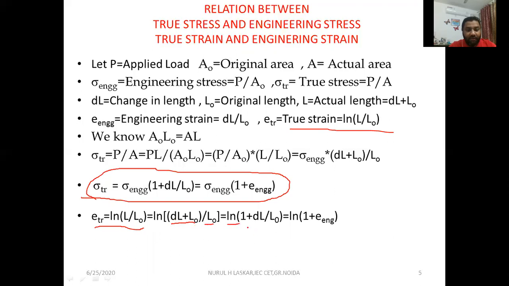So ln 1 plus dL by L0, where dL by L0 is engineering strain. So I got true strain is equal to natural logarithm of 1 plus engineering strain. This is the relation. So these two relations you have to remember: the sigma TR, that is the true stress, is equal to engineering stress multiplied by 1 plus engineering strain, and true strain is equal to natural logarithm of 1 plus engineering strain.